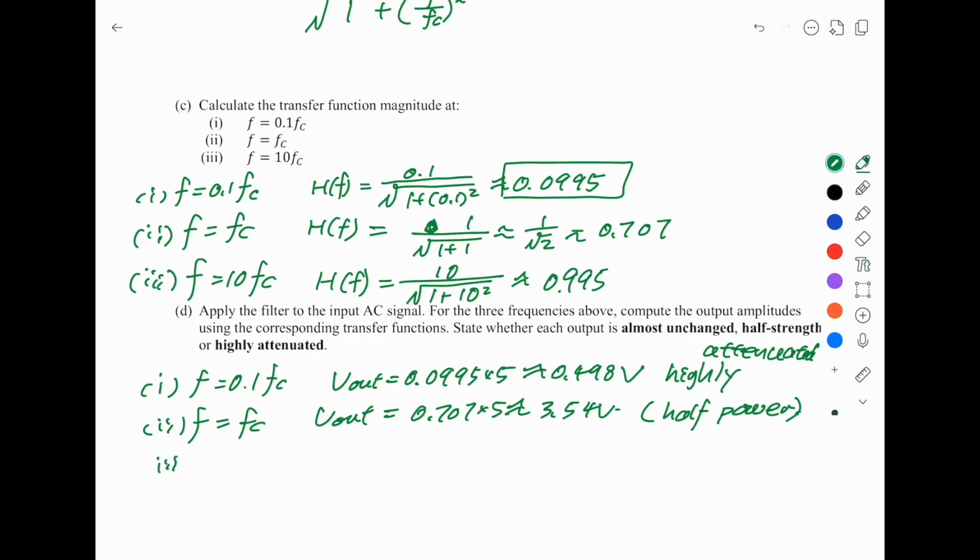Third, when f is 10 times the cutoff frequency, your output is 0.995 times 5. So you get 4.98 volts. So it means nearly unchanged. This is almost unchanged.